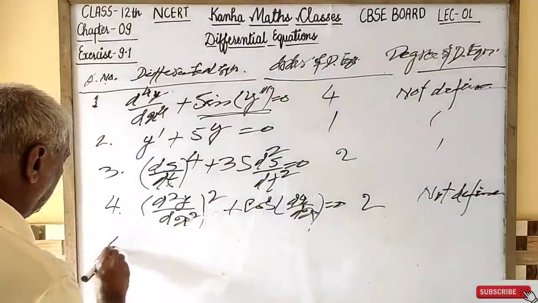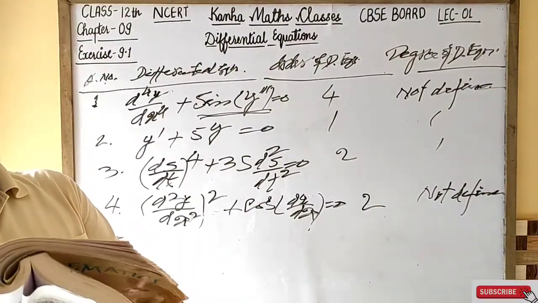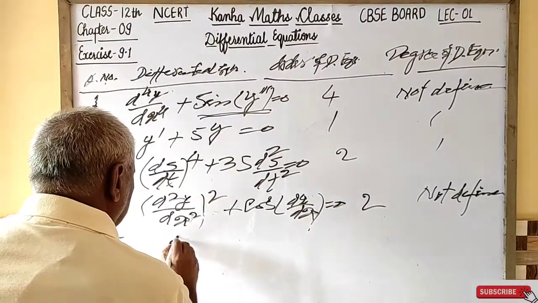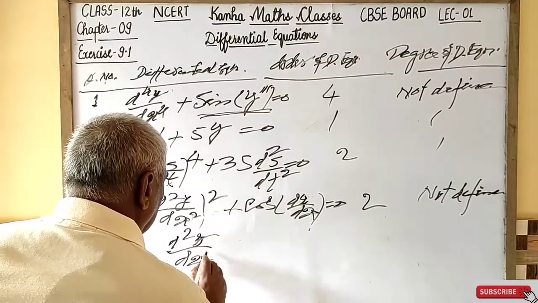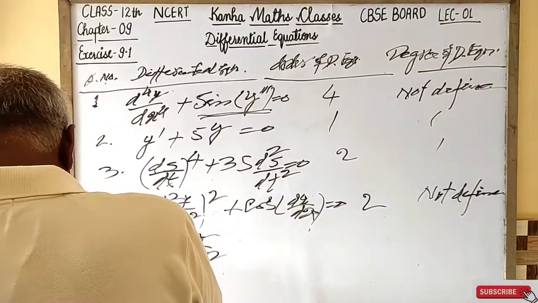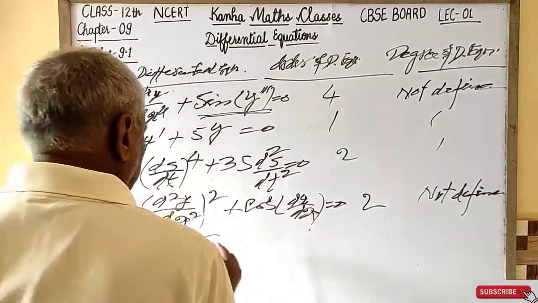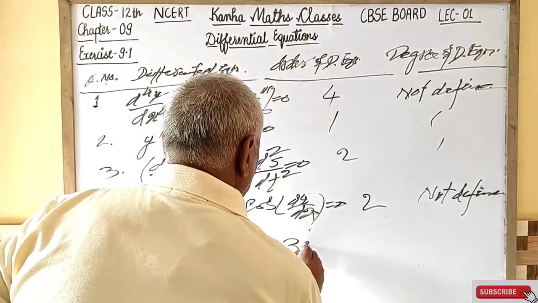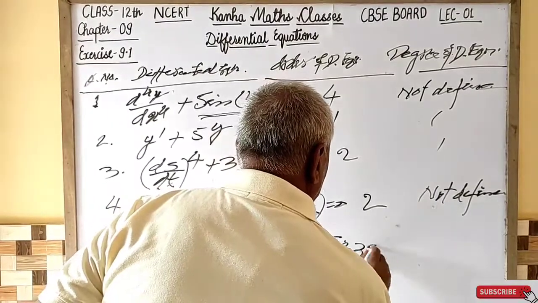In the same way, question number 5 is d square y dx square is equal to cos 3x plus sin 3x.